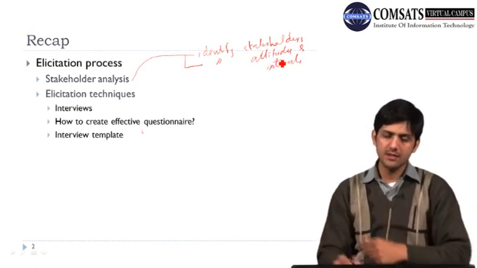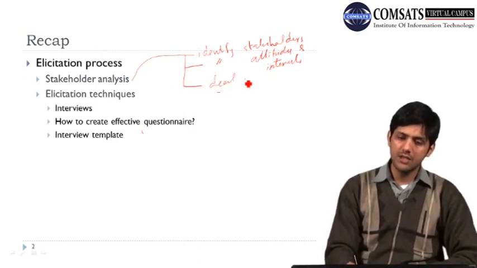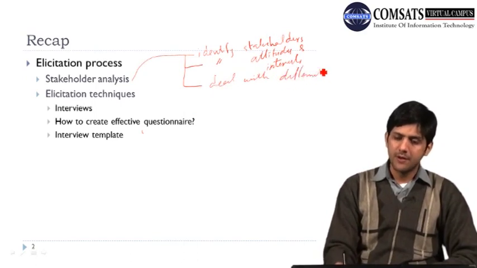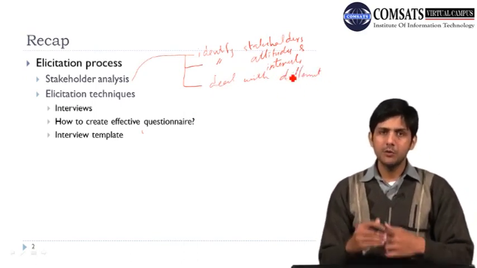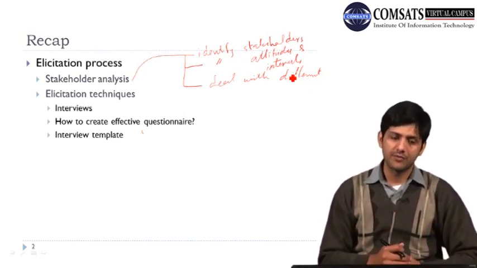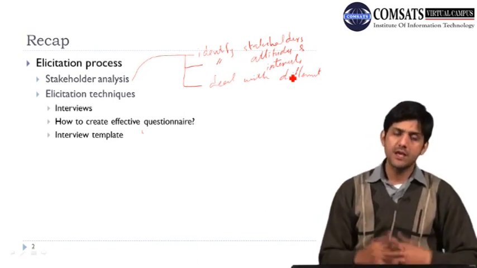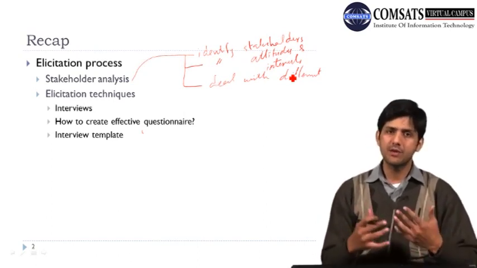Why is this necessary? Because we want to know how we will deal with different people. If we are not able to communicate with these people effectively, we will not be able to elicit requirements in a proper fashion.